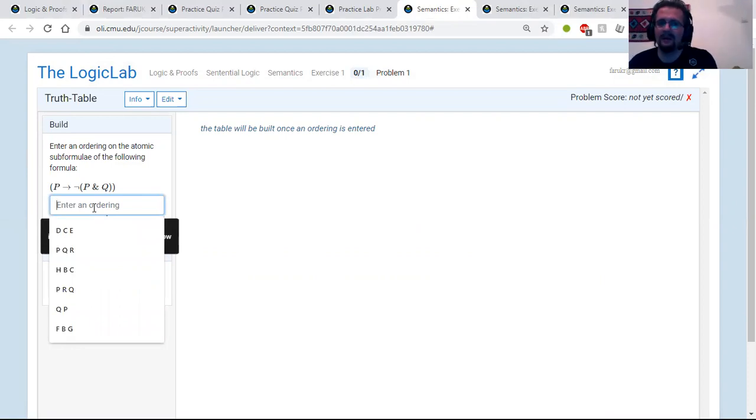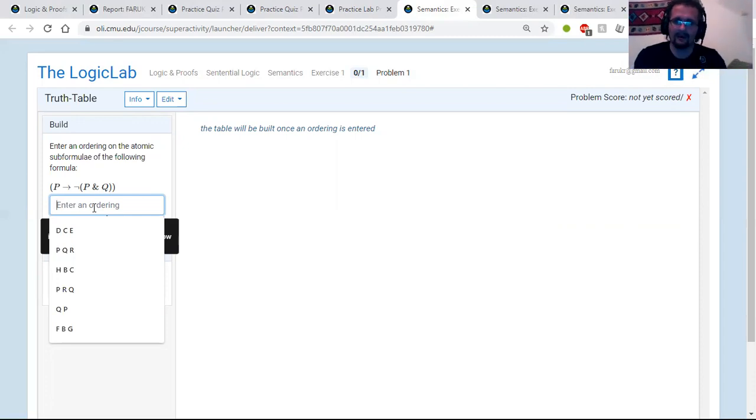Now, when you do this, you do not put in a negated version of an atomic formula. So here, for example, we have if P, then not Q, not P and Q. Even if you had a not P, you wouldn't put down not P as an atomic thing. You would just put down P as the actual atomic formula that we care about.